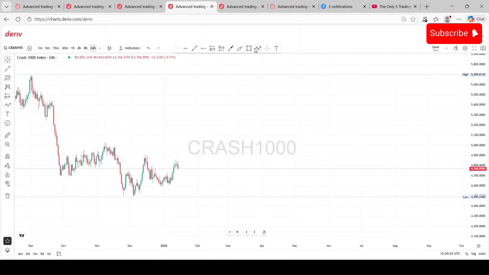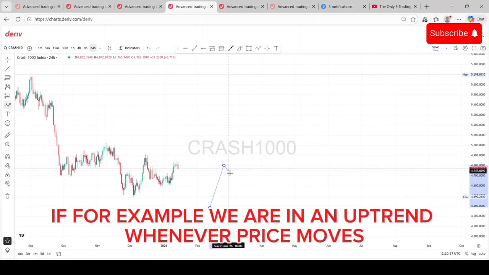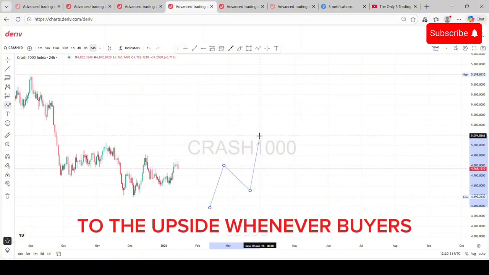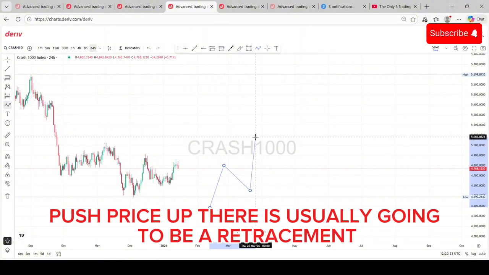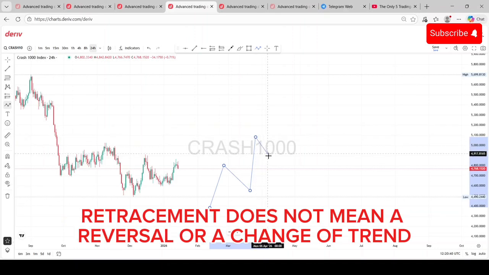So if, for example, we are in an uptrend, whenever buyers push price up, there is usually going to be a retracement. Retracement does not mean a reversal or a change of trend.